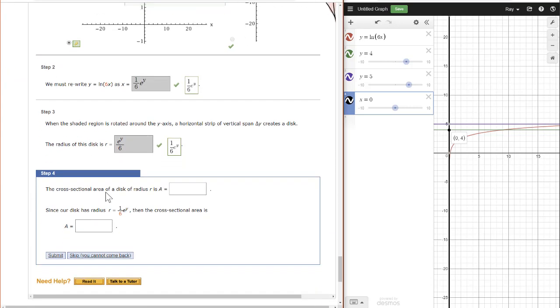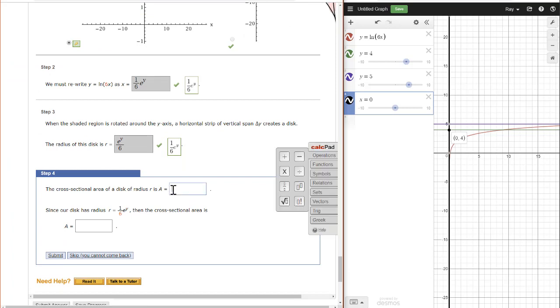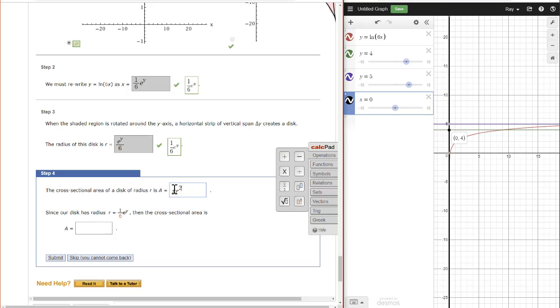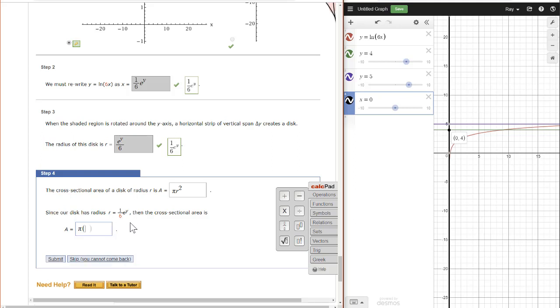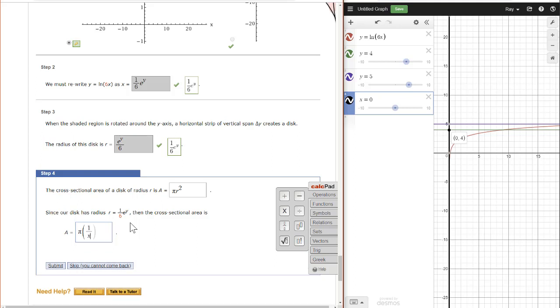And then now the cross-sectional area of this is going to be pi r squared again. And then when r is equal to this, the cross-sectional area is going to be pi times 1/6 e to the y, squared.